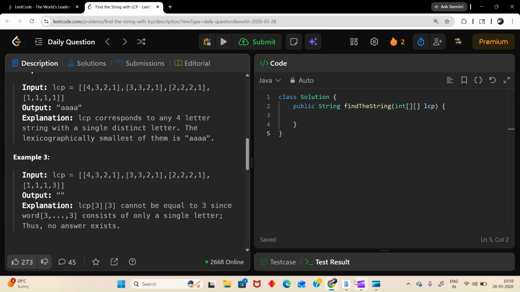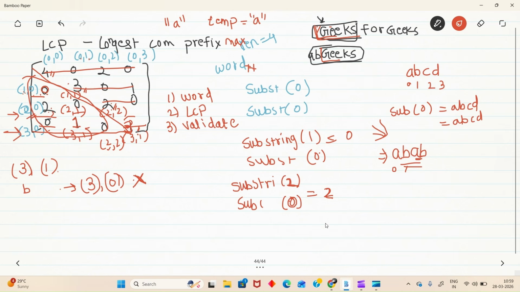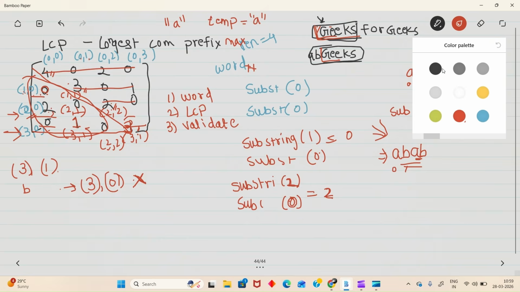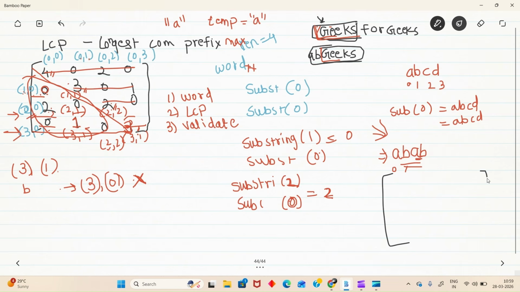So in that case we have to find the LCP again. How will we find the LCP? This is our LCP, and I'll call the new LCP DP. We will start from the end. So B and B, this is one string, so we'll write 1.